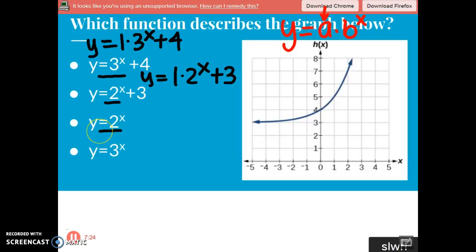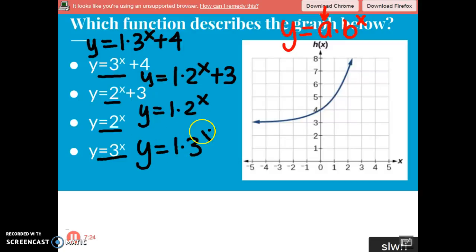Another would be y equals 1 times 2 to the x power. Another would be y equals 1 times 3 to the x power. Now, if there's a 1 in front, that's your y-intercept. So our y-intercept is 1 for all of these.